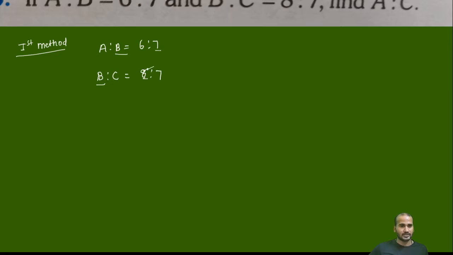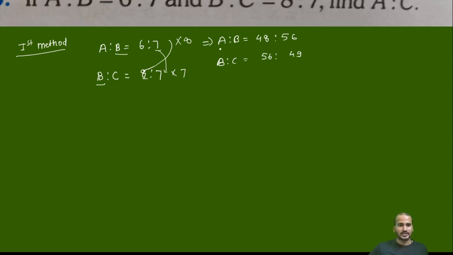Take 8 from this side to multiply here, which means multiply 8 and 7 on this side, and 7 on this side. So A is to B is equal to 8 6s are 48 and 8 7s are 56. And B is to C, 7 8s are 56 and 7 7s are 49.